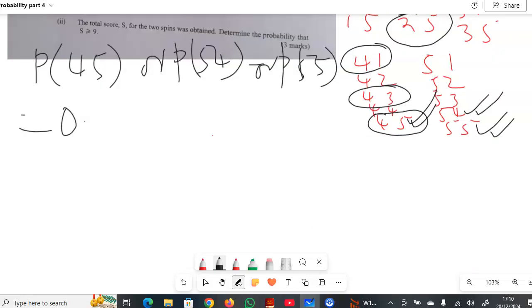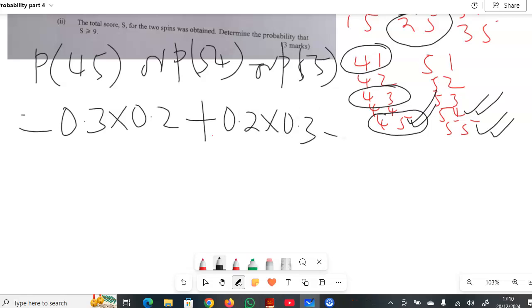Probability of 4 is 0.3, multiplied by 5 is 0.2. We add probability of 5 is 0.2, times probability of 4 is 0.3. Then we add probability of 5, 5, which is 0.2 times 0.2. So this one is going to give us 0.24.